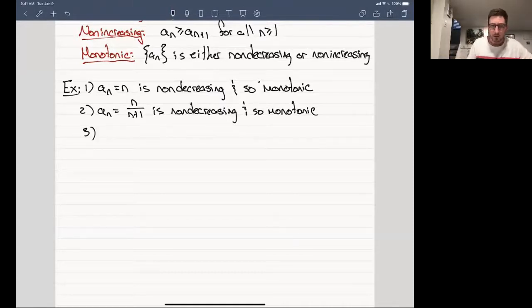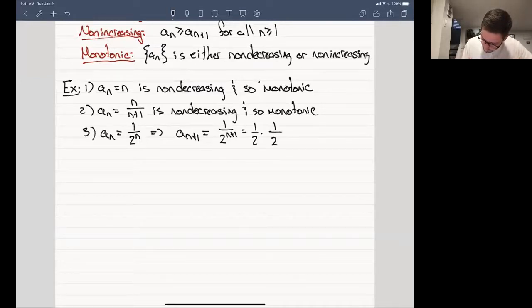Okay, sorry, example 3. How about the sequence an equal 1 over 2 to the n? Well, in this case, if we work this out a little bit, an plus 1 is equal to 1 over 2 to the n plus 1. That's just the definition. You can factor out a 1/2 here, and you get 1 over 2 to the n, which is 1/2 of an.